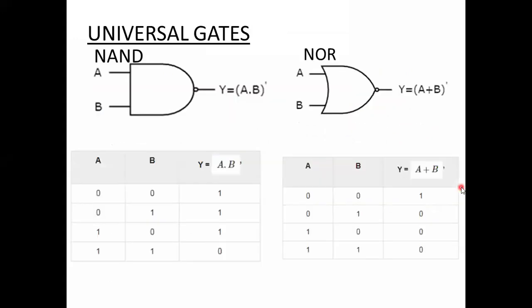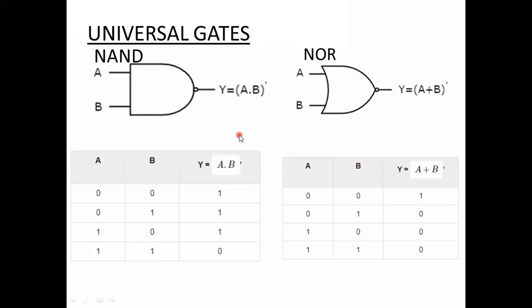Next, universal gates. The NAND gate and NOR gate are called universal gates. The NAND gate is just the inversion of the AND gate. By adding a NOT gate to the AND gate, we get the NAND gate.